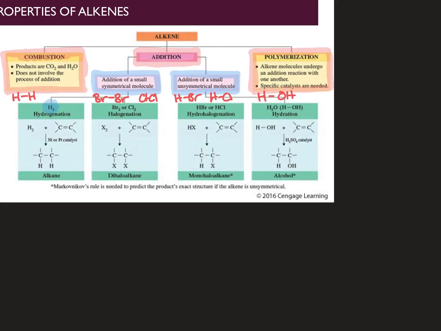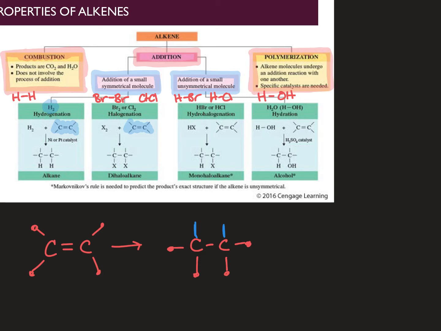First, let's think about the symmetrical addition reactions. You've got your carbon-carbon double bond, and what you're going to do is go from that carbon-carbon double bond to just a carbon-carbon single bond. Previously there were 4 things attached, and we still have those same 4 things attached. That part doesn't change. But by getting rid of the double bond, now I have room to add one atom to each of those carbons that used to have the double bond.